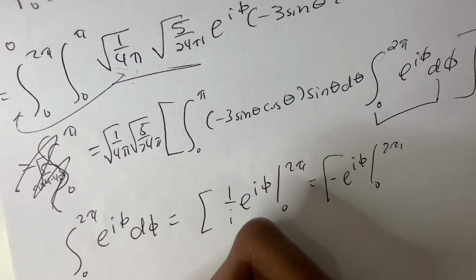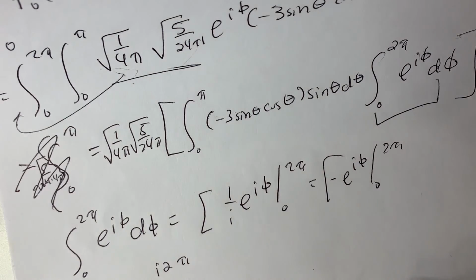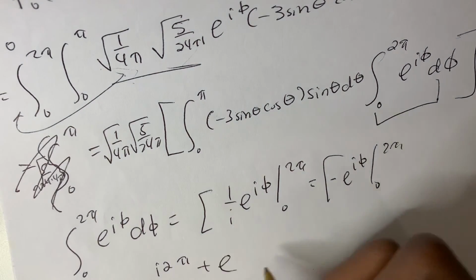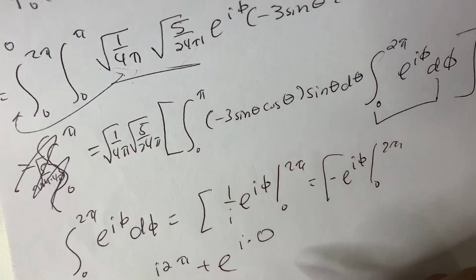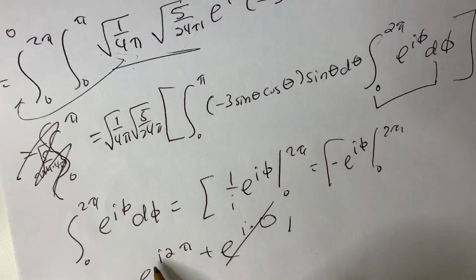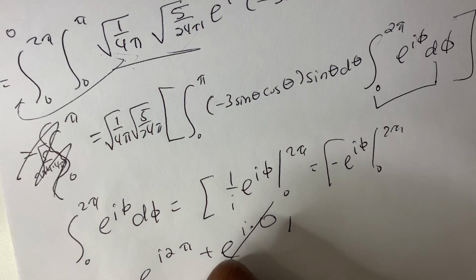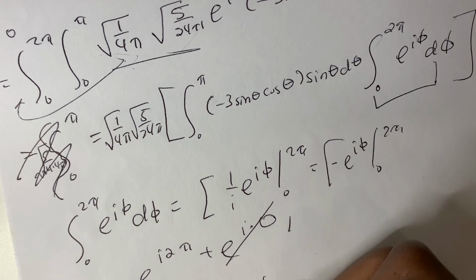So we have minus i e to the i 2 pi plus i e to the i times 0, which is just 1. So what's e to the i 2 pi? We use Euler's identity: e to the i 2 pi equals cosine of 2 pi plus i sine of 2 pi.